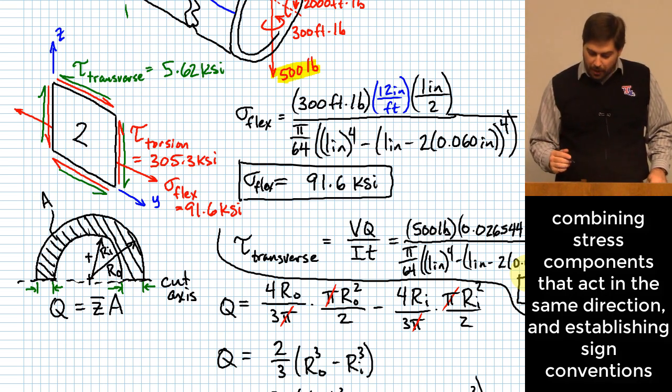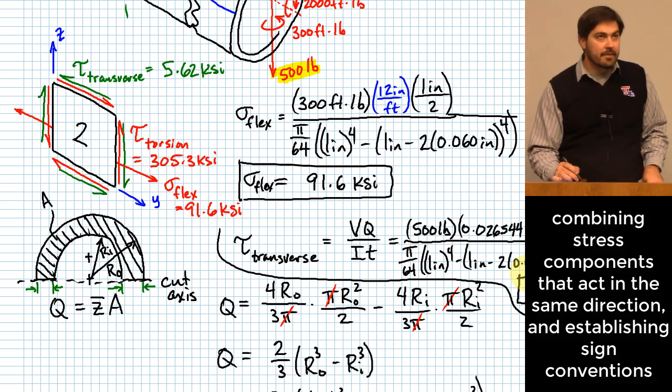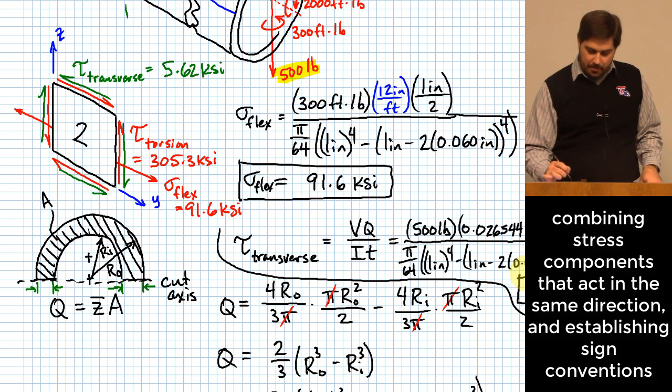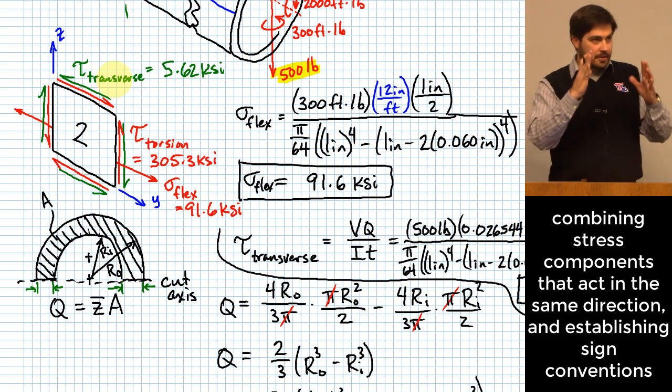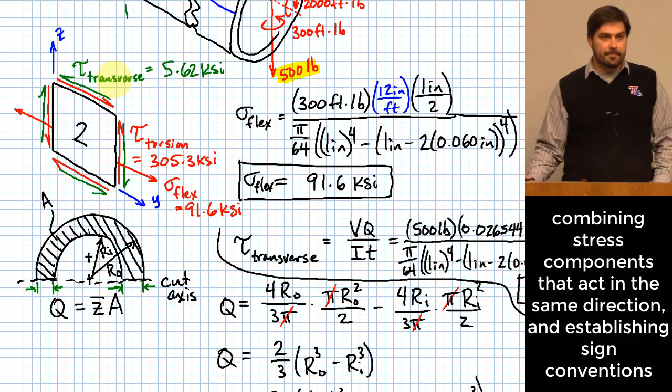So we only have one of those that we have to deal with here, and that is what? We need to combine the shearing stress that we had due to torsion with the shearing stress we had due to the transverse shear from flexure.